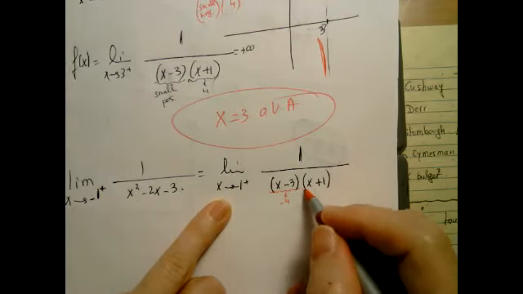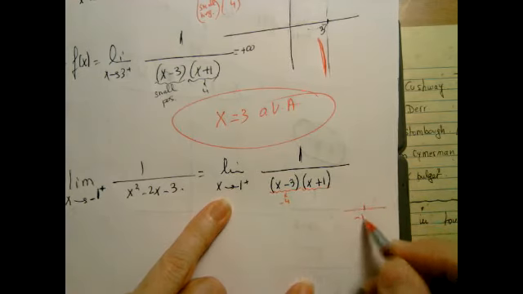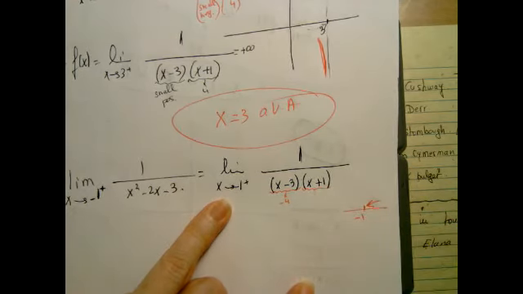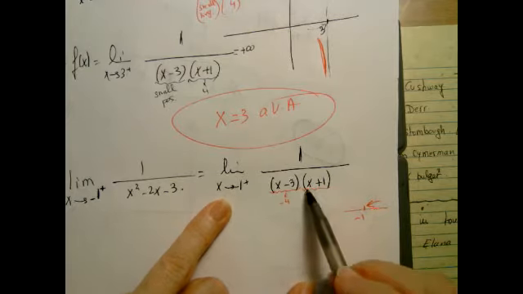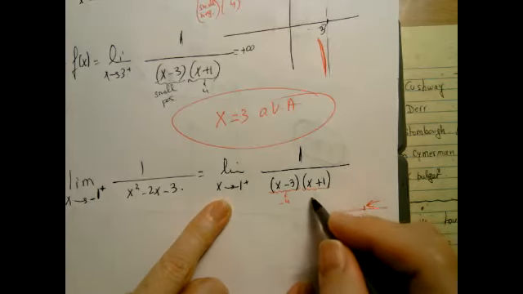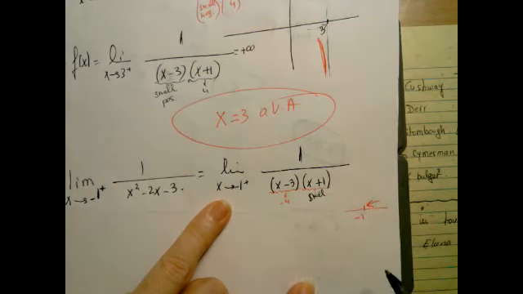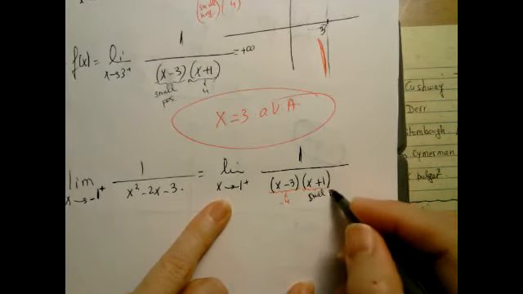What about this one? X becomes close to minus 1 from the positive, right there. It means it's minus 0.99, something like that. So minus 0.99 plus 1 is going to give me a small positive, right?